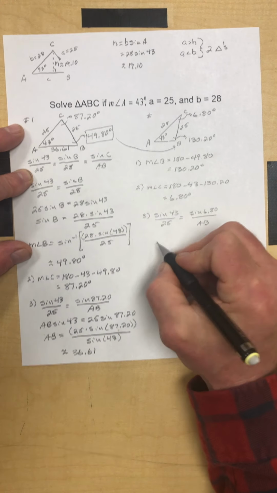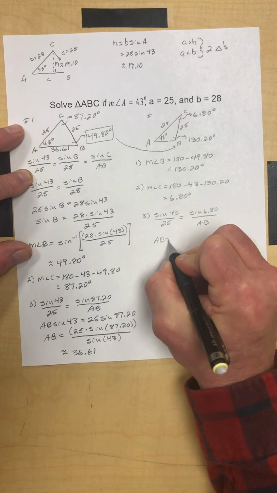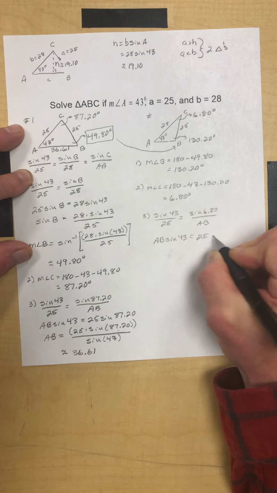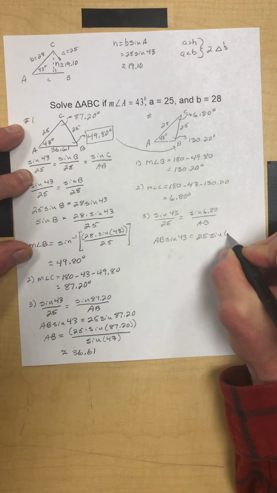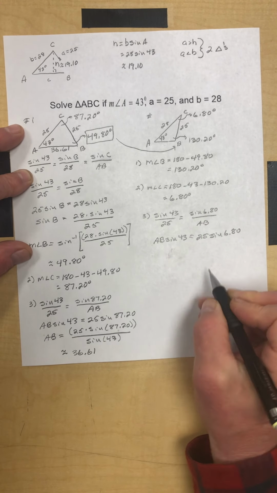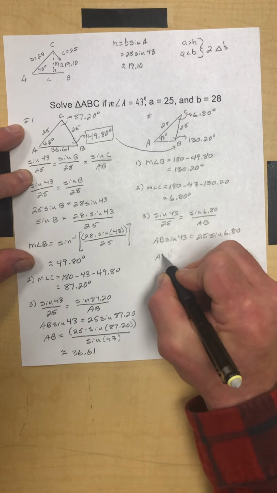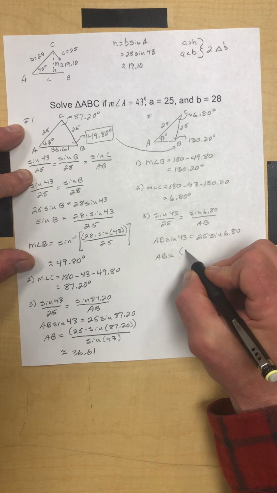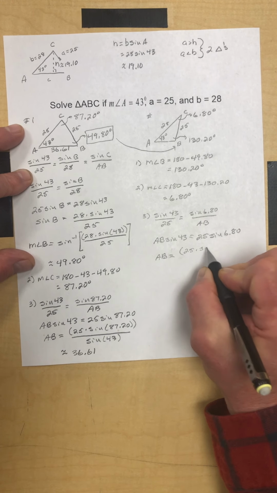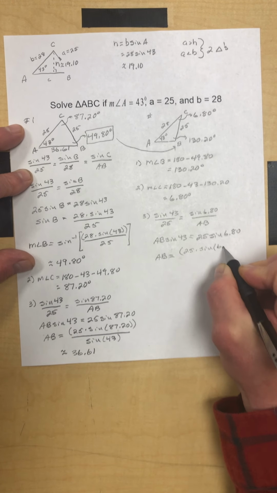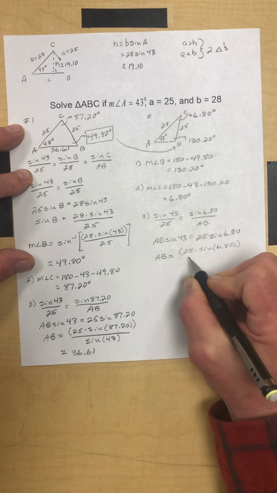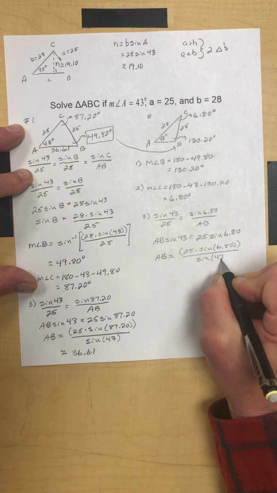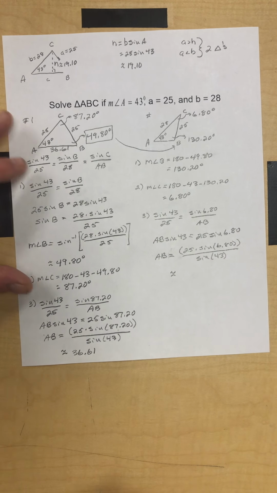Taking my cross products, AB times the sine of 43 equals 25 times the sine of 6.80, and then dividing by the sine of 43, and separating the numerator from the denominator using grouping symbols, 25 times the sine of 6.80, all divided by the sine of 43. And then just punch it into our calculator.